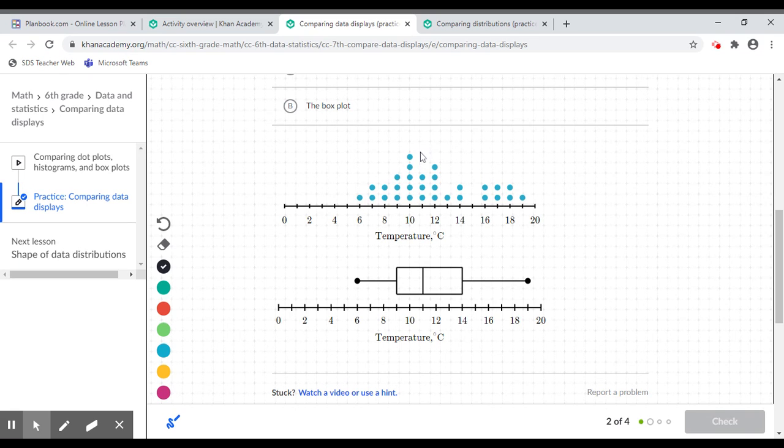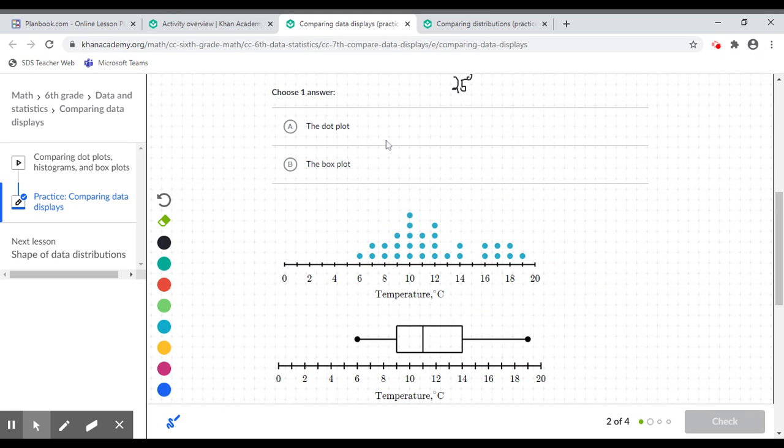After we count up all these dots, the first quarter is about here, and the third quarter somewhere in here, and then we could figure it out. But guess what? They've done all the work for us in a box plot already. If we look at the box plot, it's already split up into those different areas. So the first quartile is at 9, and we can tell right there. We don't have to do any work. So when comparing which one's easier, the box plot's way simpler.